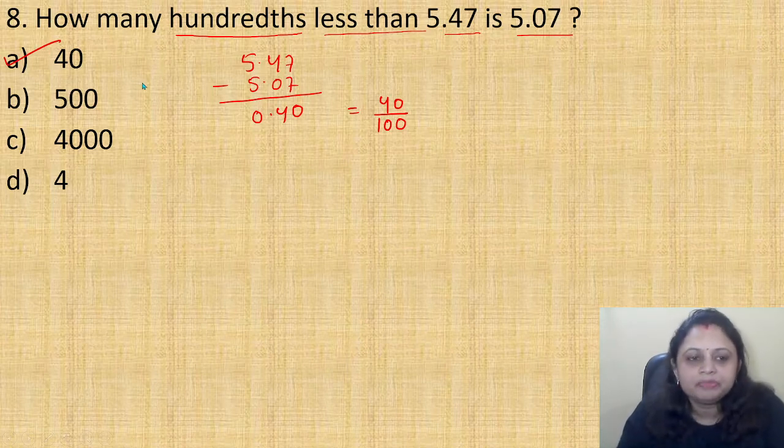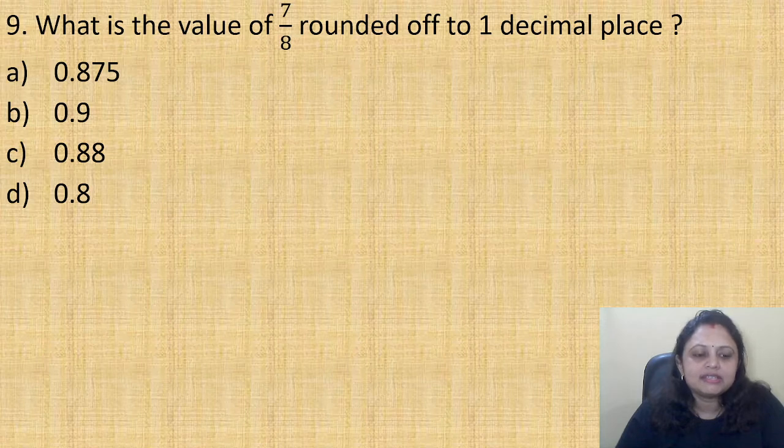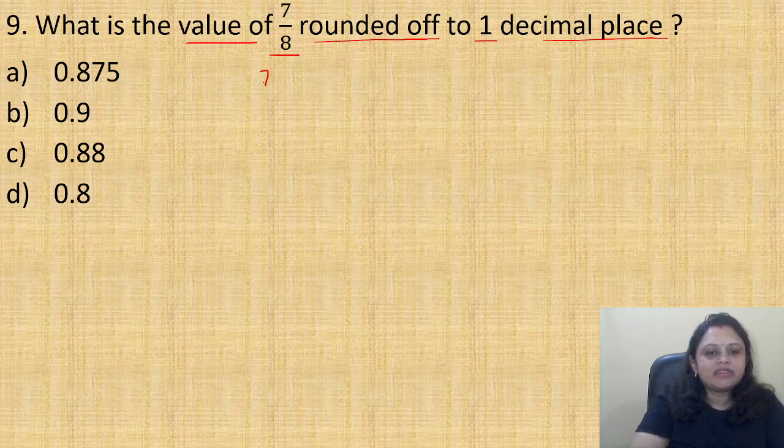Got it, everyone? Coming to the next question: what is the value of 7 by 8 rounded off to one decimal place? Option A 0.875, B 0.9, C 0.88, D 0.8. When we divide 7 by 8, it will be 0.875.